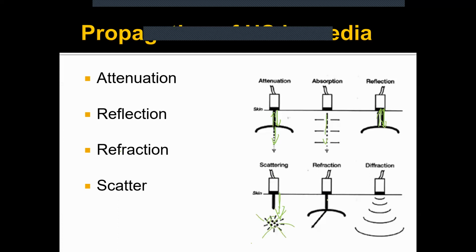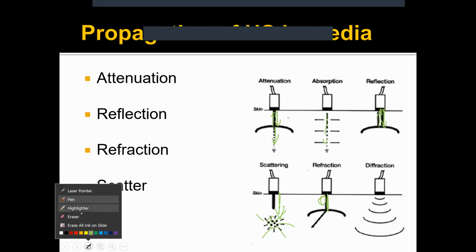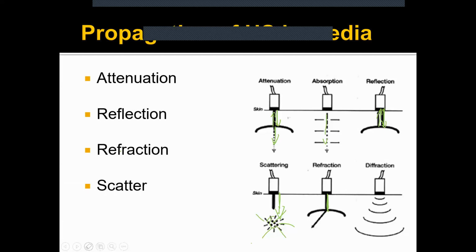You have refraction, where the wave reaches a surface between two different areas. This is area 1, area 2. These are different materials, so as it travels, it's going to bend. Finally, you have diffraction, which is when sound hits a corner and bends around that corner.